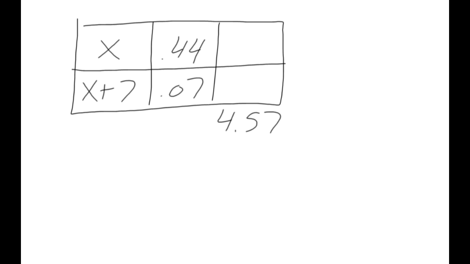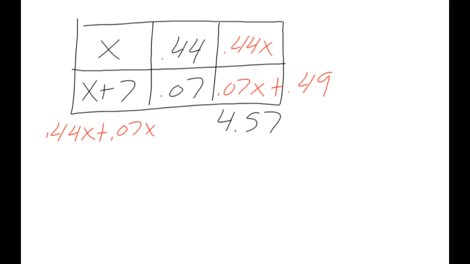So I need to figure out how many copies of each. Multiplying across 0.44x, 0.07x plus, when I multiply those two numbers I get 0.49. I add them together to equal the bottom, so I have 0.44x plus 0.07x plus 0.49 is going to equal 4.57.